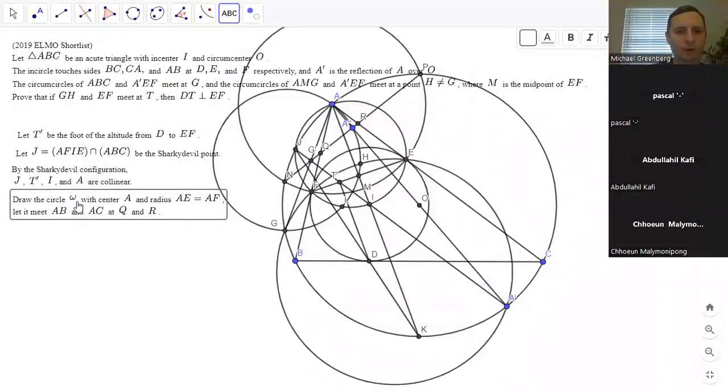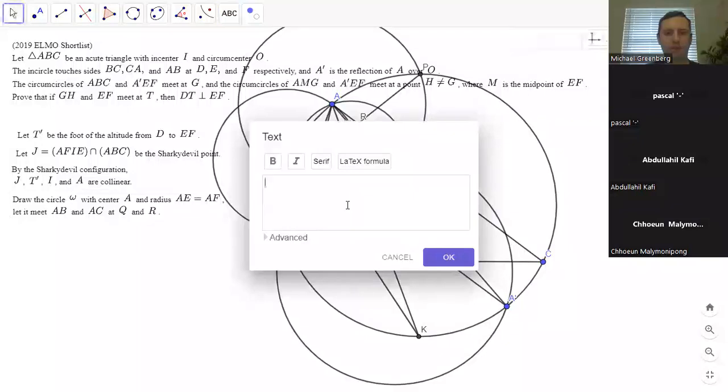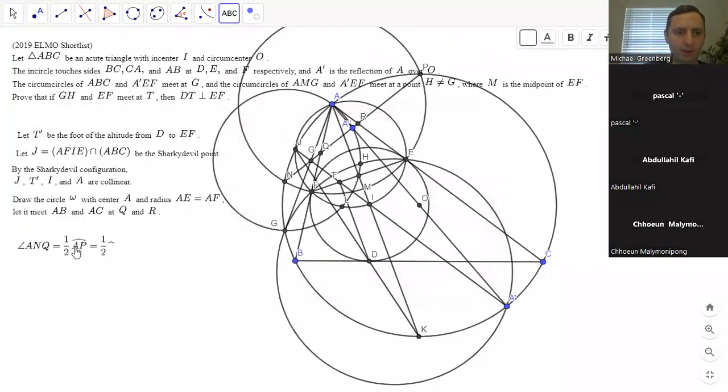So I guess I'll write it out. Angle ANQ is half of arc AP, which is half of arc AN, which is angle ABN.